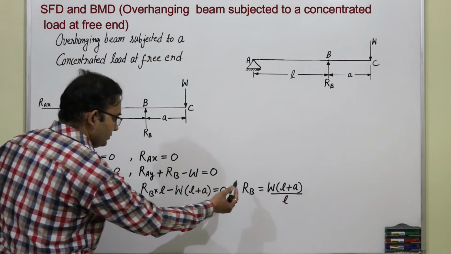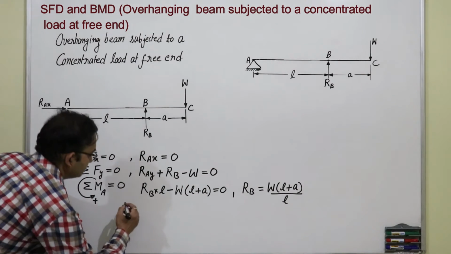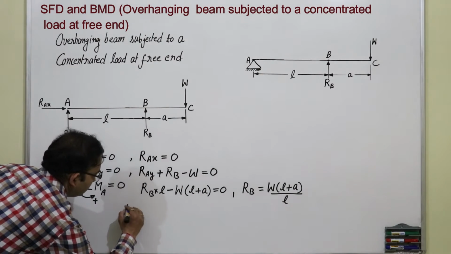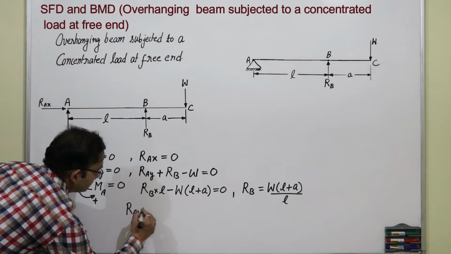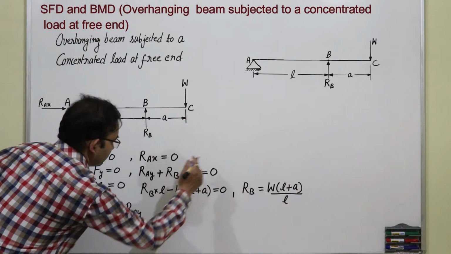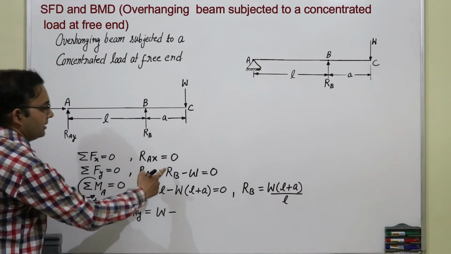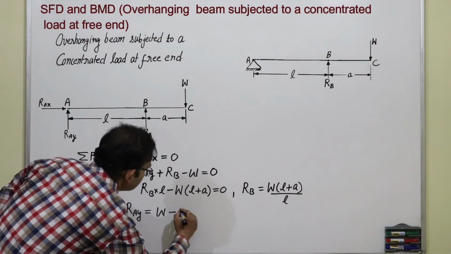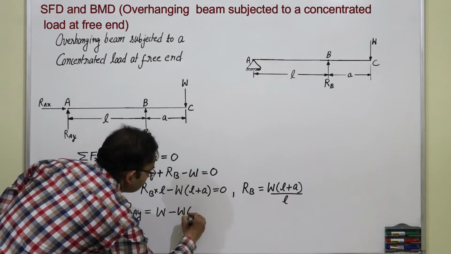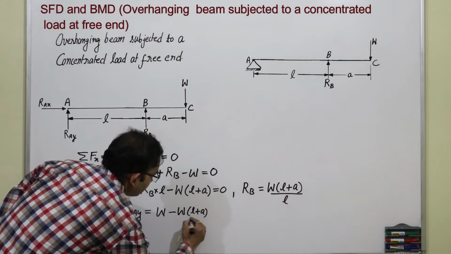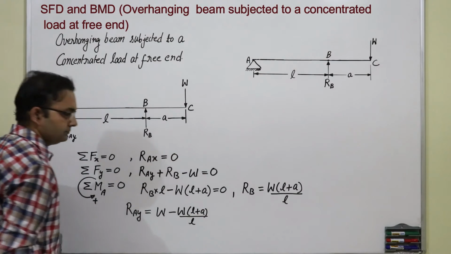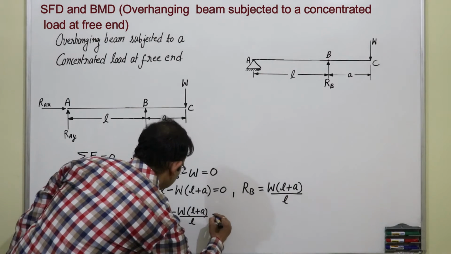We will keep value of RB in this equation and calculate RAY. This will go to that side, it will be positive: W minus RB, and the RB value is W times L plus A upon L. We will solve it.